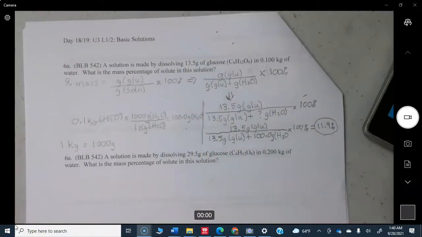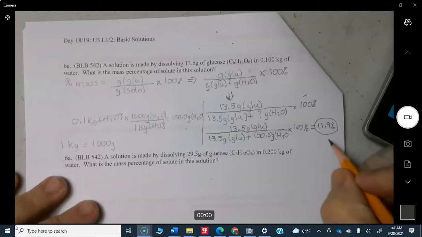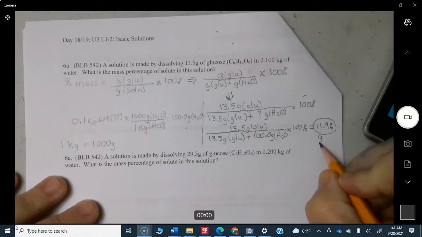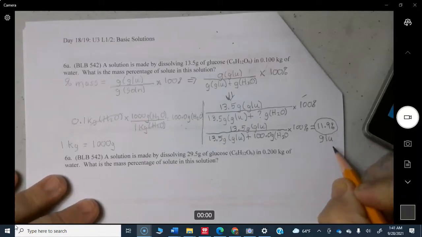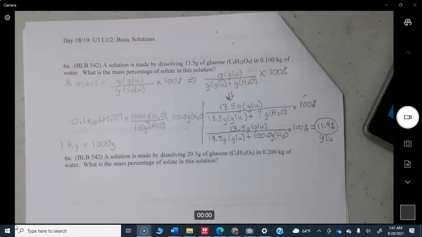That means since that's the only solute, if you were asked, 100% minus that number, which would be 88.1%, would be water. So this is glucose, and the other 88.1% would be water.